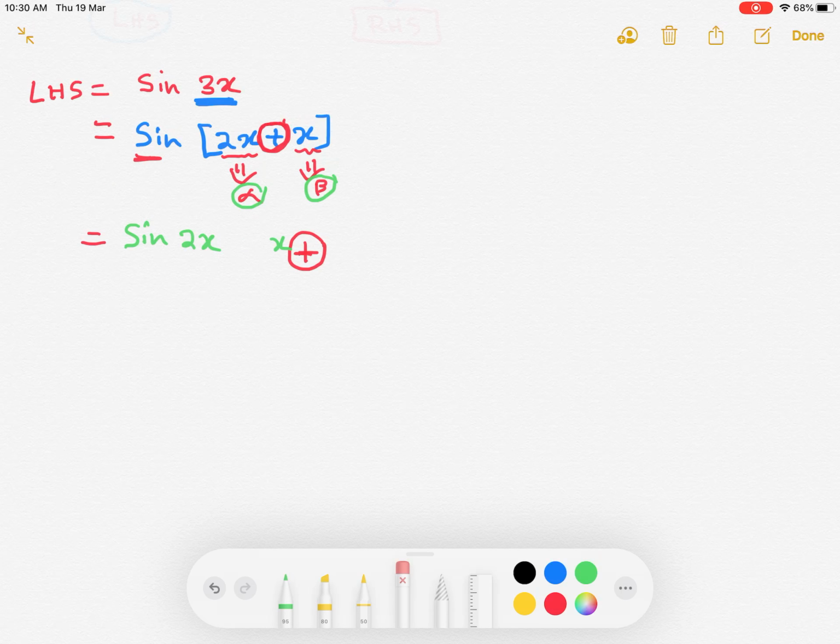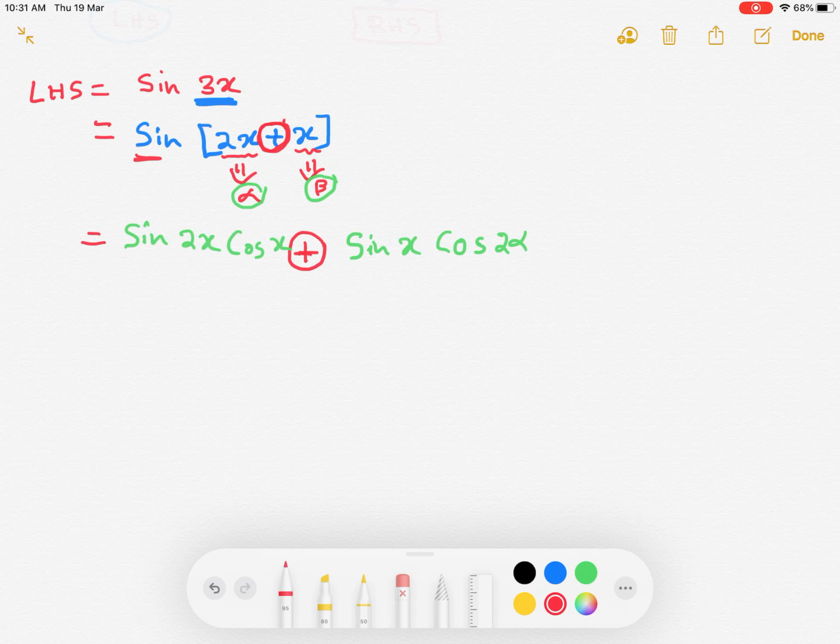Sorry, here not sine, it should be cosine. So sine 2 times x into cosine x plus sine x cosine 2 times x by using the formula.